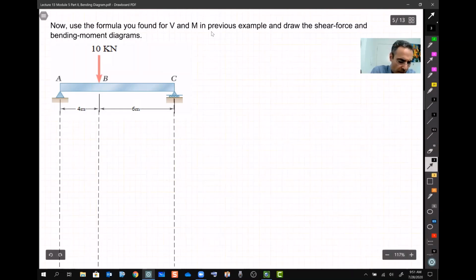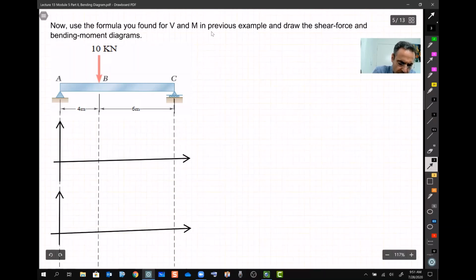Our goal is to draw these V and M. Remember, it was our second objective, right? So this is V as a function of x, and this is M as a function of x.